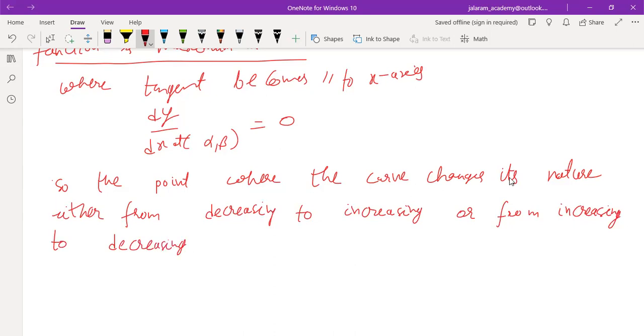So the point where the curve changes its nature either from decreasing to increasing or from increasing to decreasing.